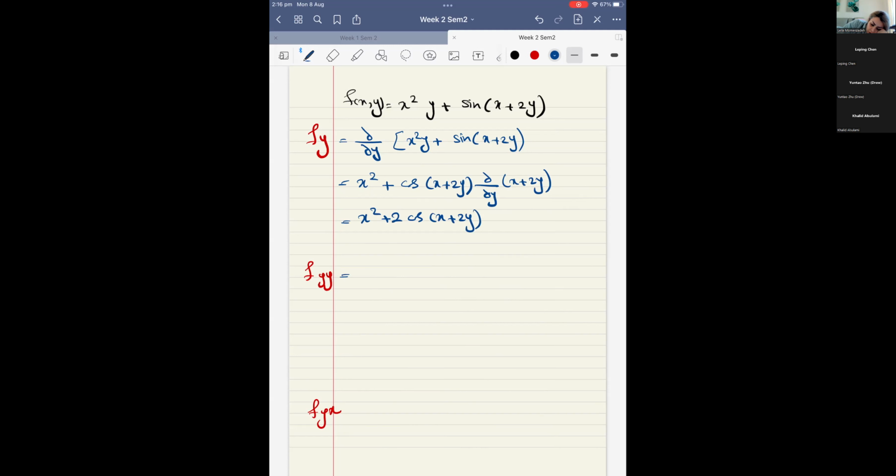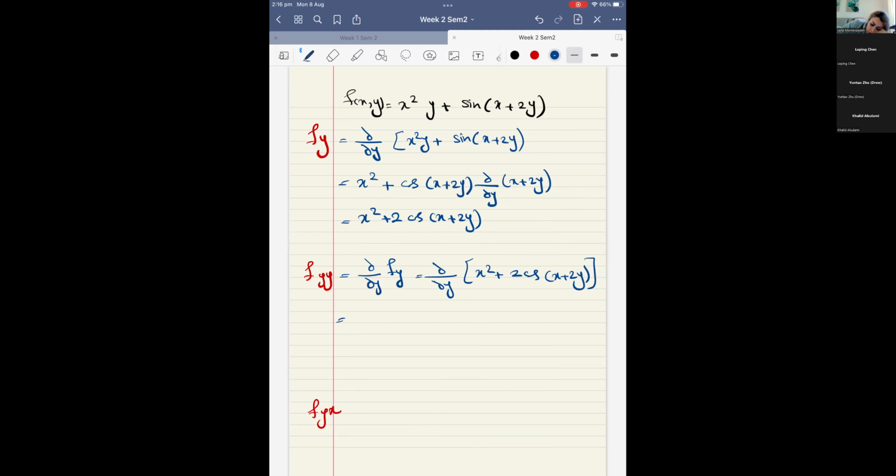For f by y is round the y. Fy, you find the fy is equal round the y of x² plus 2 cosine x plus 2y.